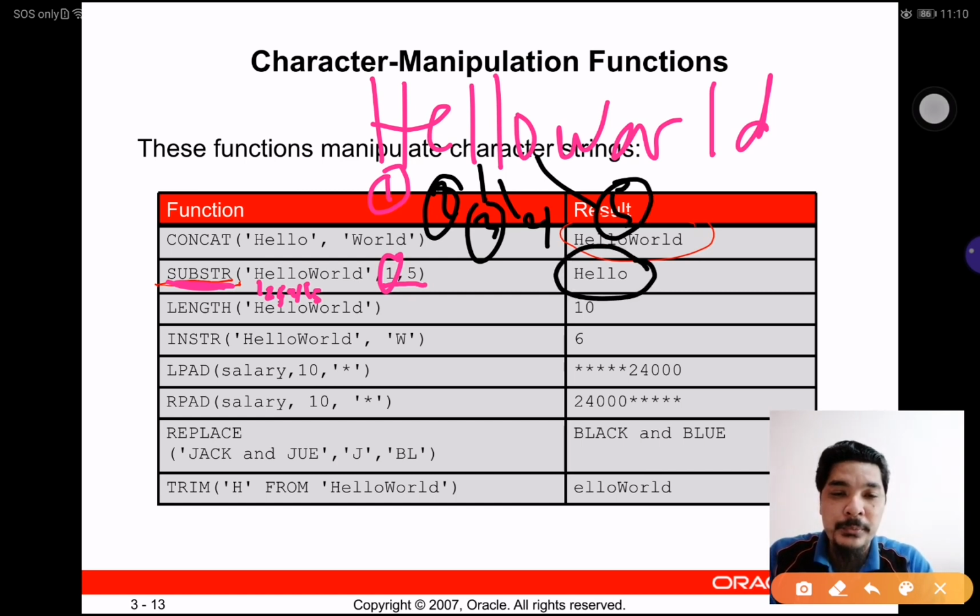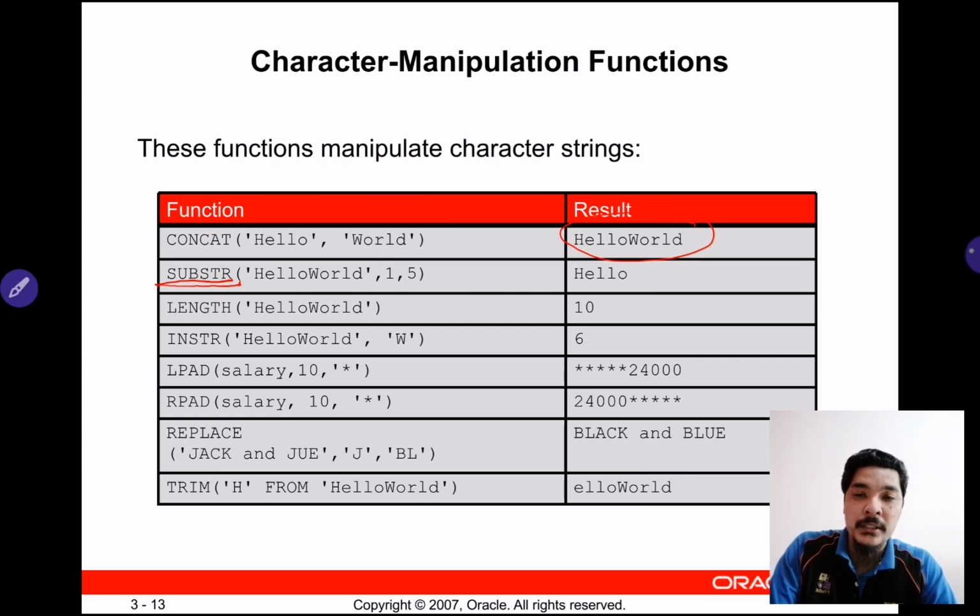At the end of the day, it will produce hello only, because it manipulates the string hello world from character number 1 until character number 5. So please bear in mind, it starts with character number 1, H is number 1, followed by another character: H, E, L, L, O. If we count 1, 2, 3, 4, 5, this is character number 1, number 2, number 3, number 4, and number 5. So please make sure this is clear.